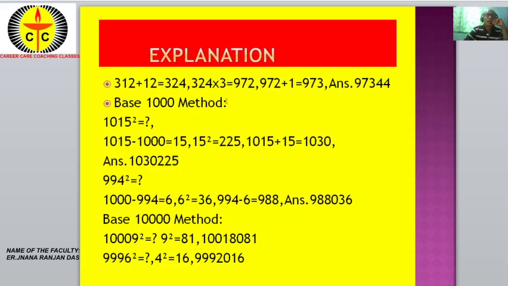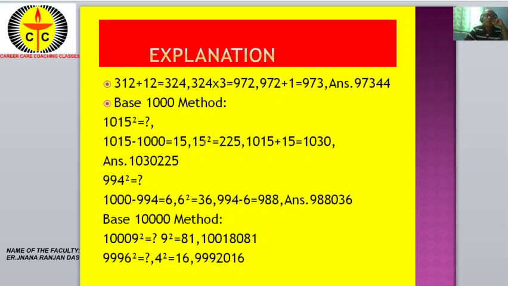Similarly, we can take the 1000 base method. For example, I take a number, that is 1015. We can find how much it is in excess over 1000. It is in excess over 1000 by 15. This we know from 1015 minus 1000, which becomes 15.